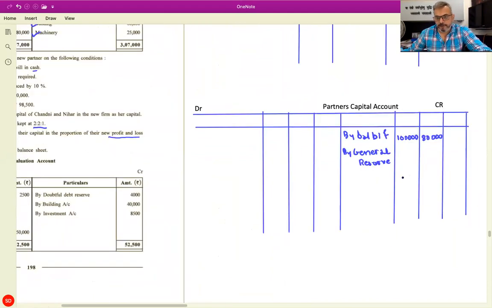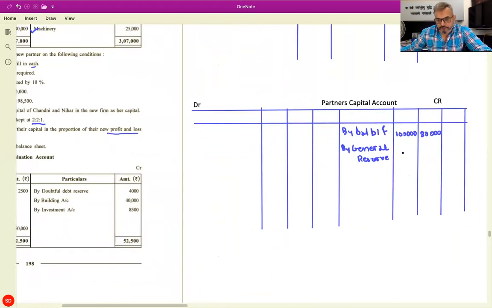So 12,000 divided by 5, 2,400 into 3, 7,200. And 4,800.